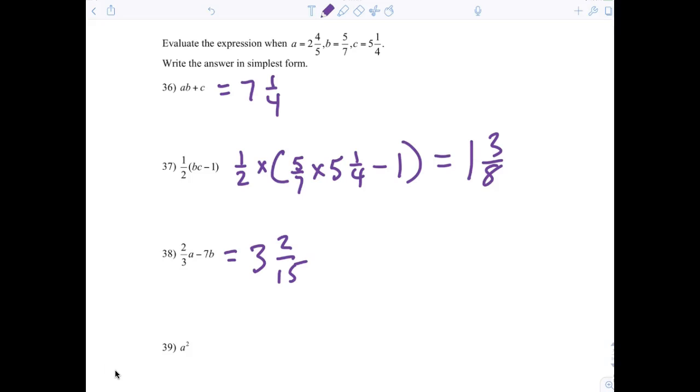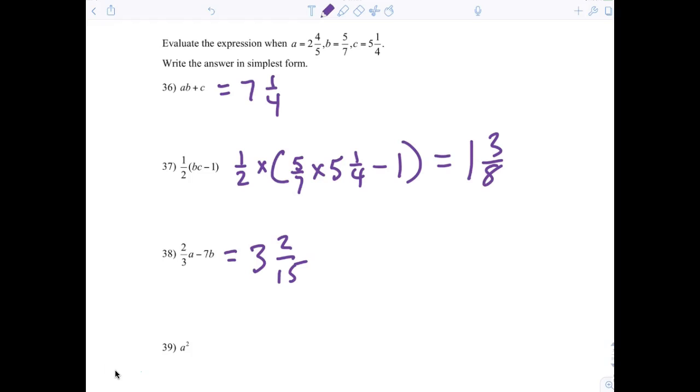I'm going to move you up here, that way you can concentrate. 5 ABC 7 times 5 ABC 1 ABC 4 minus 1 equals. Should be equals up there. Oh, I put the 1 on the outside. Come on, man. Following directions.